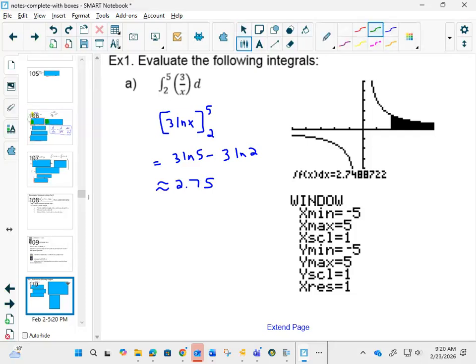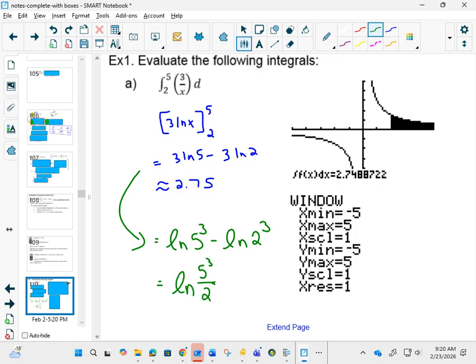And what would they do maybe on the exam in multiple choice? They might play around with log laws here. Can you see that this is the same as natural log of 5 cubed minus natural log of 2 cubed? Which they could play around with this and say, oh, if you're subtracting, you could write this as 5 cubed over 2 cubed.